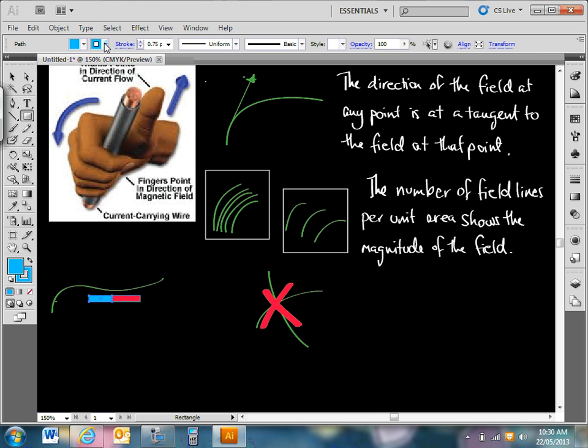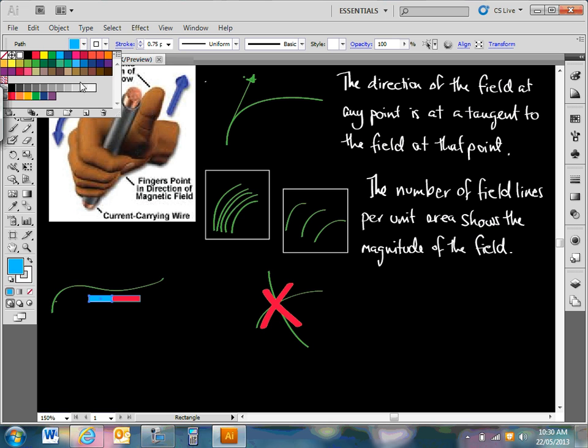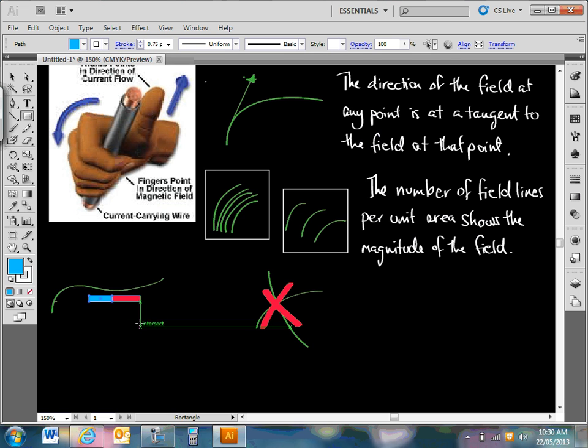Red is usually north, I think, is the convention. I usually paint red. Red is the north side. So north, south. We'll talk about why we have a north and a south end later. It's just for convention.